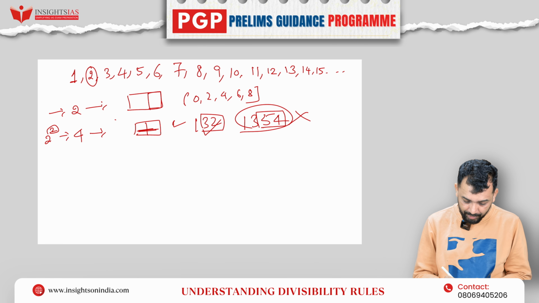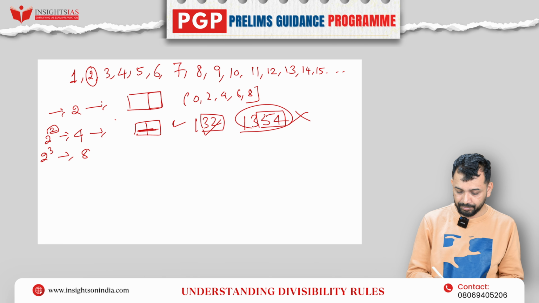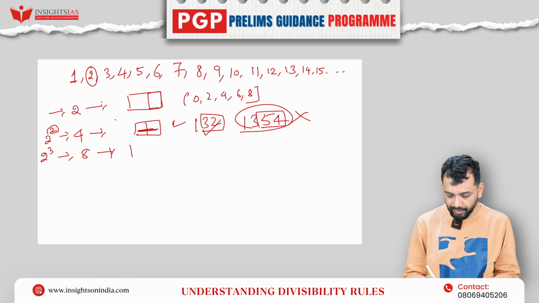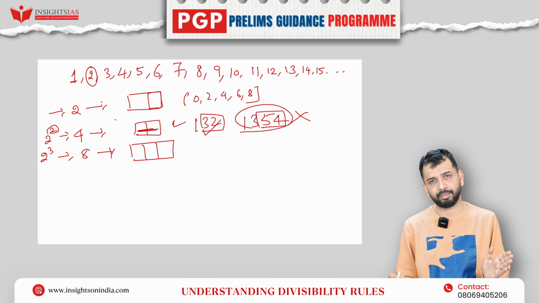Next, 2 cube is 8. That means we have to check the last 3 digits of a number to see whether it is divisible by 8 or not.